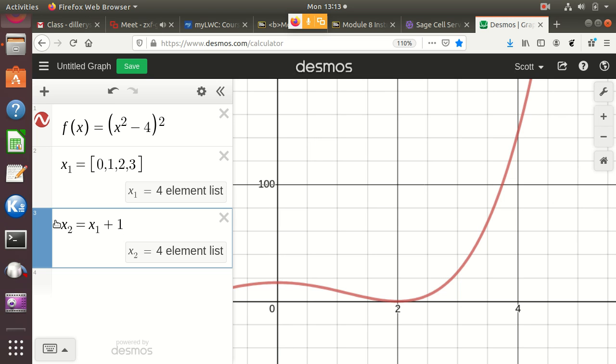Okay, now I can keep going with that list idea. I could take the square root of x1 minus x2, or x2 minus x1, it doesn't really matter because I'm squaring them.